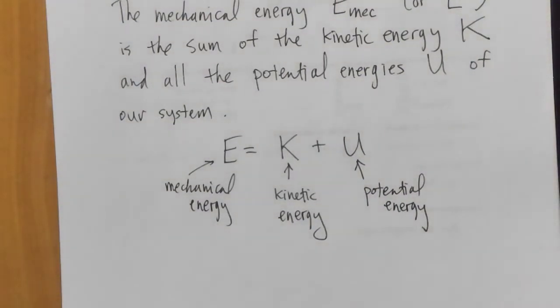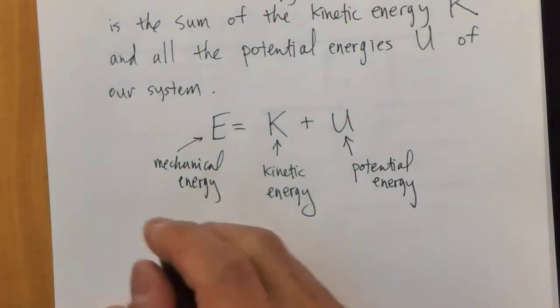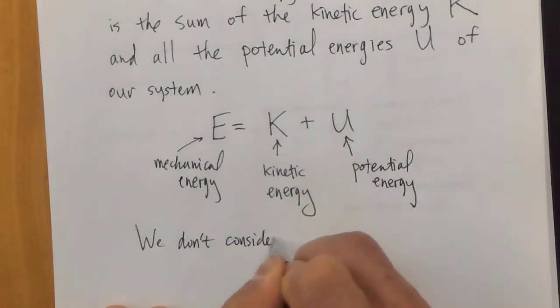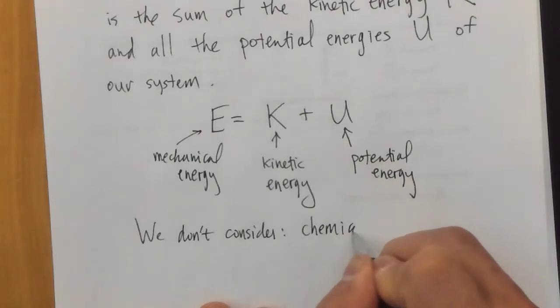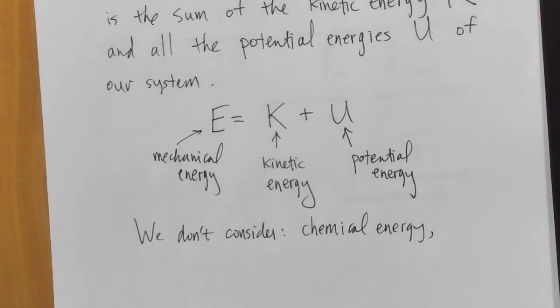Now, the reason we call it mechanical energy is that we're quantifying only certain types of energies, and there are things we are not considering. We don't consider the following types of energy. Chemical energy, the amount of energy stored in a chemical battery, or maybe the amount of energy stored when you eat something. Maybe there's energy in that food.